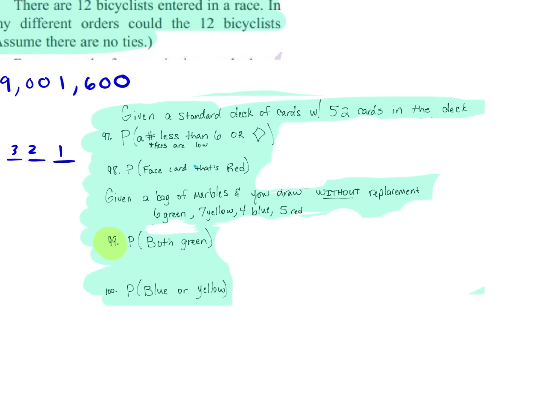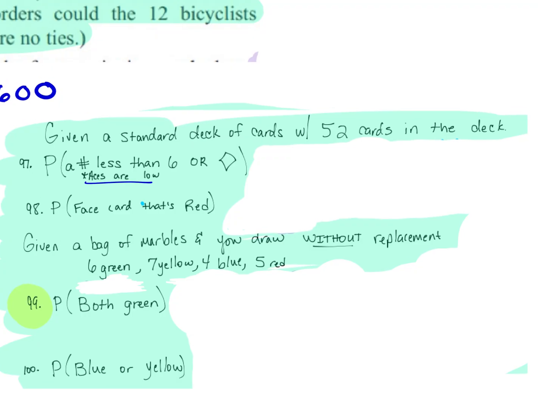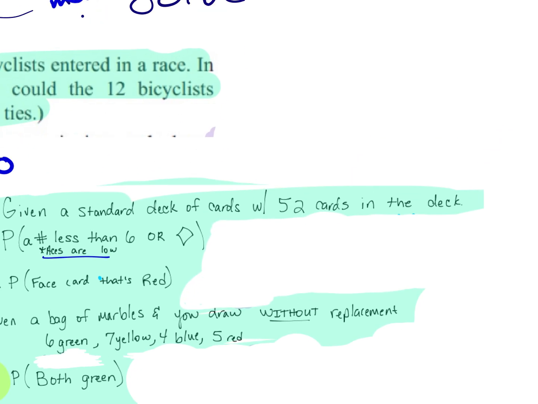All right, next let's look at our deck of cards questions. Here it says aces are low for 97. So if I were to draw out my deck of cards just to give us a visual, I've got 4 suits. We've got hearts, diamonds, spades, and clubs, something like this.